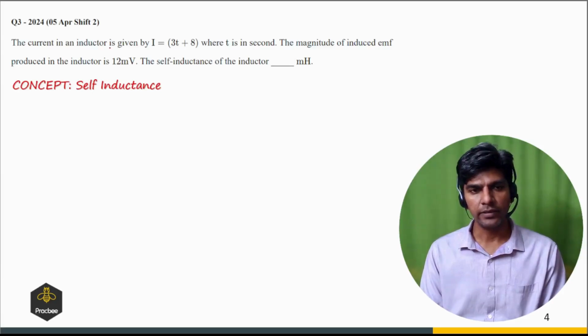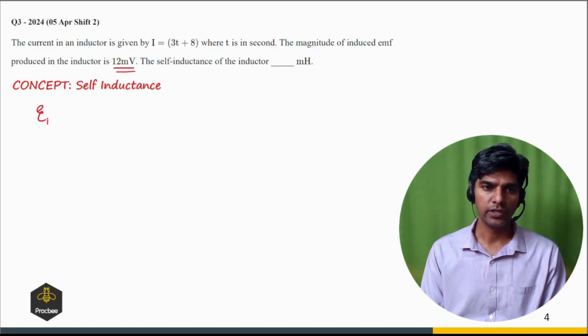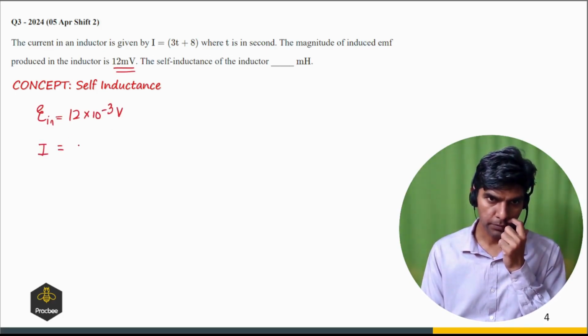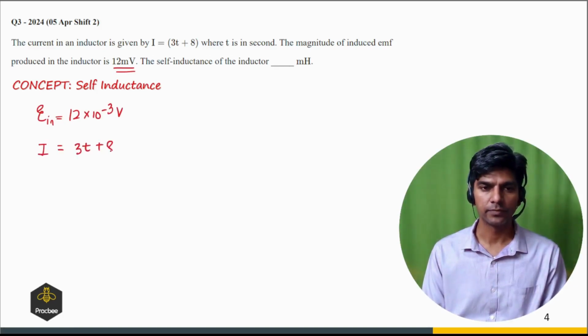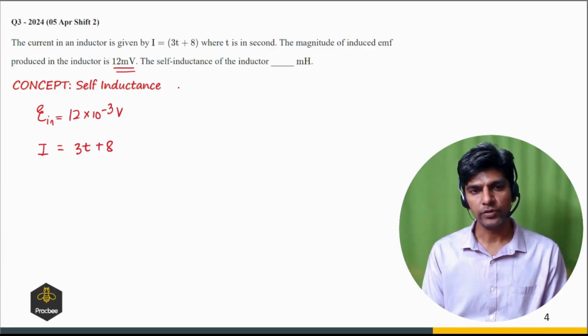A current in an inductor is given by 3t plus 8, where t is in seconds. The magnitude of the induced EMF produced in the inductor is 12 millivolt. So the induced EMF is given as 12 into 10 raised to power minus 3 volts. And the current is also given, that is 3t plus 8. And we have to find the self-inductance. We know that in case of an inductor, the EMF induced is minus L di by dt.